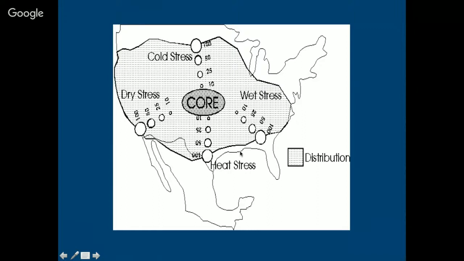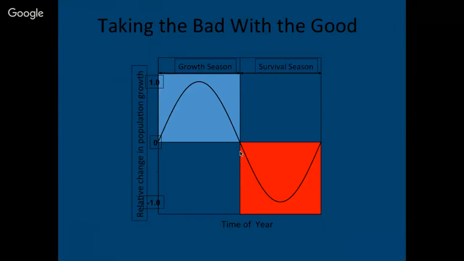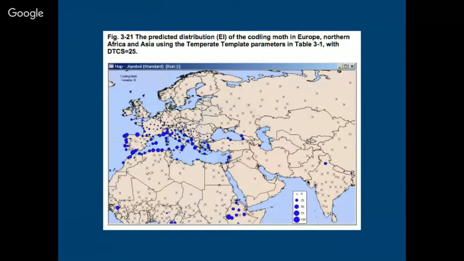And the idea of Climex is to take these different stresses into account. And as I said earlier, the good part of the year, the growth season, has to offset or more than offset the bad parts of the year, which here is called the survival season. And you can see Climex outputs in terms of this sort of map. Here's a map for the codling moth in Europe and Asia and Africa.